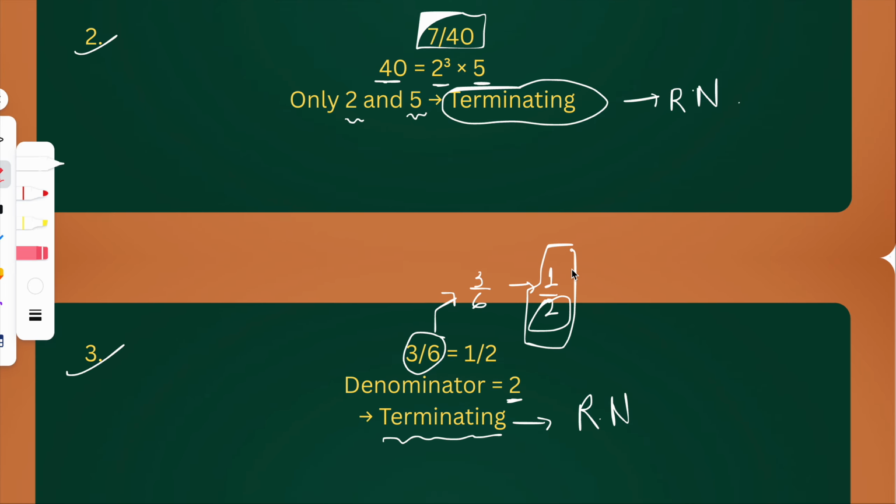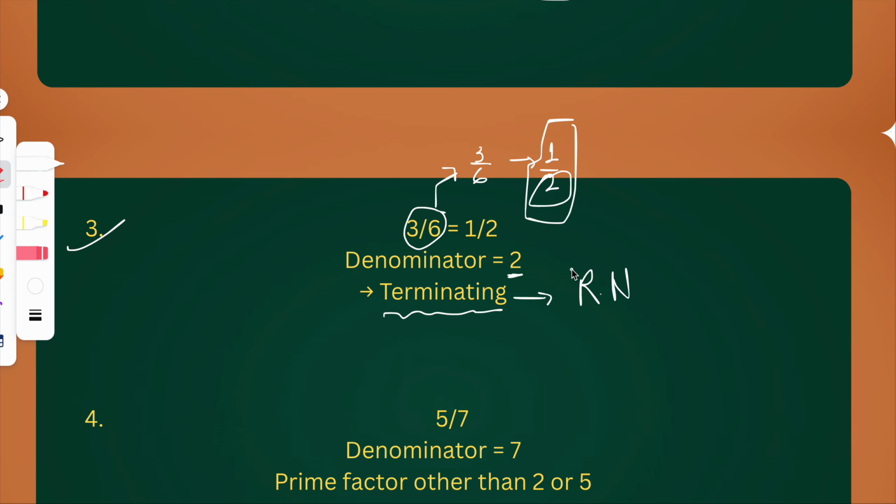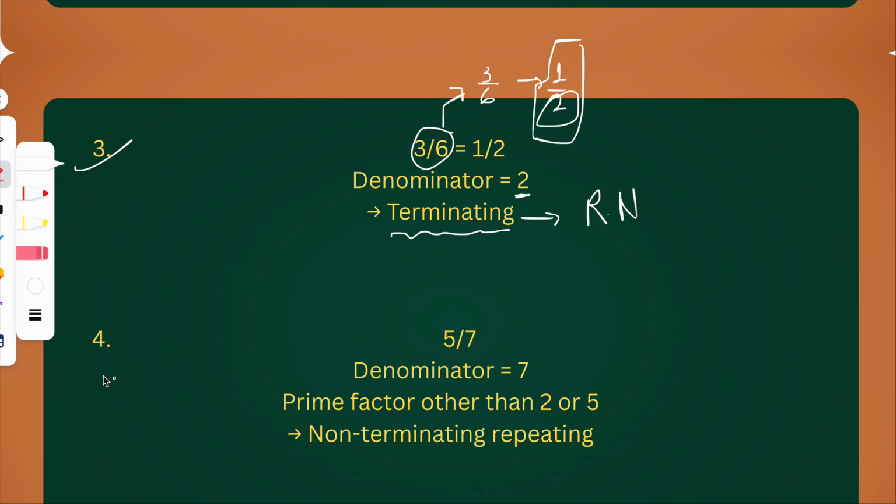Got it? So let's move forward and see another example, 5 by 7. So here, as the number is 5 by 7, it cannot be further simplified, so the denominator is 7 only, and the prime factor of 7 is 7 into 1. So here the prime factors are other than 2 and 5.